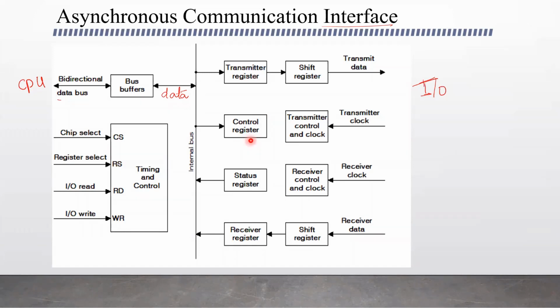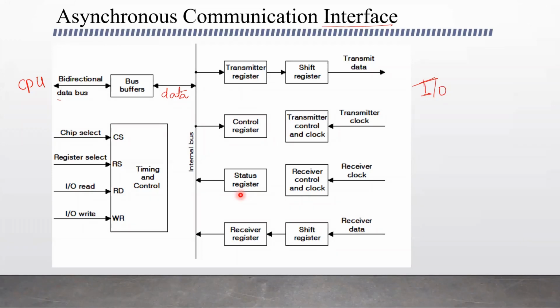So to start the operation, first the CPU places the control word in the control register, and then it checks before transmitting data to the transmitter register. The CPU has to place the data in the transmitter register, so the transmitter register needs to be free, that is, empty. So the CPU reads the status register to check the flag that tells if the transmitter register is free.